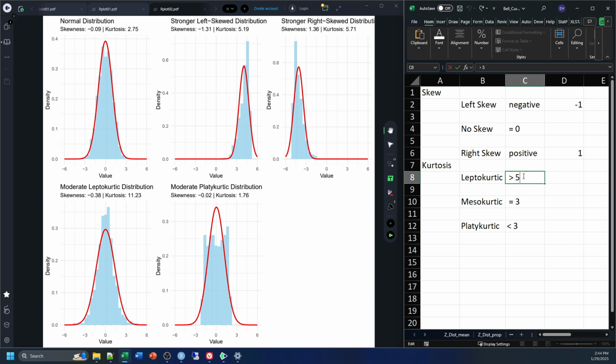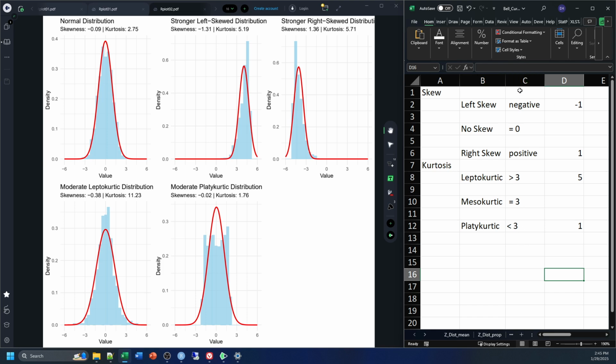Oops, sorry. Leptokurtic is going to be greater than 3. Platykurtic is less than 3. And typically when we start running into issues here, the issue point is around 5. And over here we get issues when we start getting around 1. So those are just your technical breakdowns.